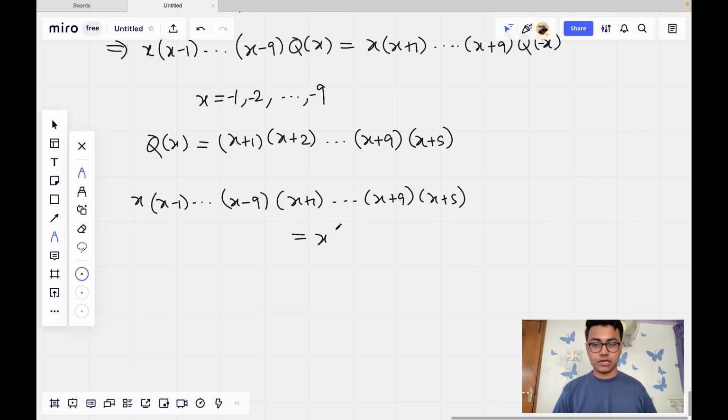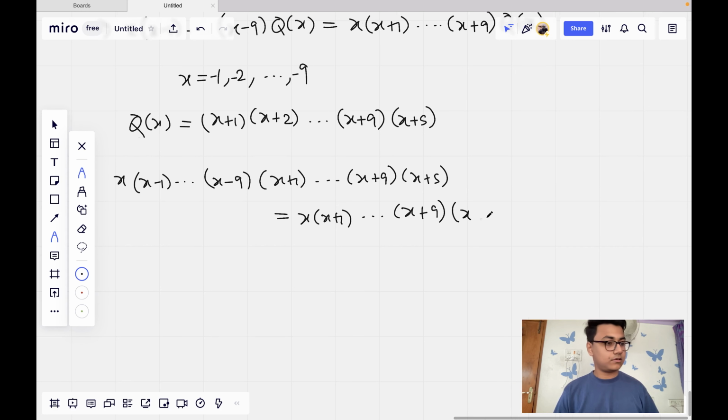This is equal to x plus 1 all the way till x plus 9 and q of minus x, which is x minus 1, x minus 2, x minus s, since there are 10 terms here. Okay, comparing the coefficients, we very easily get that s is equal to 0.